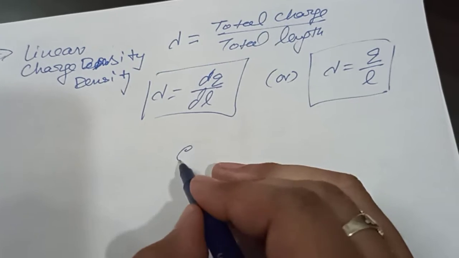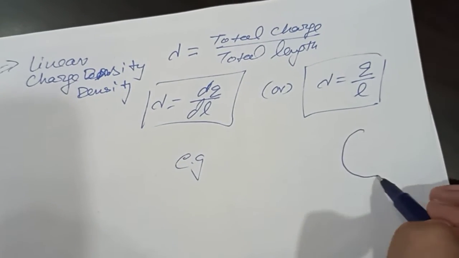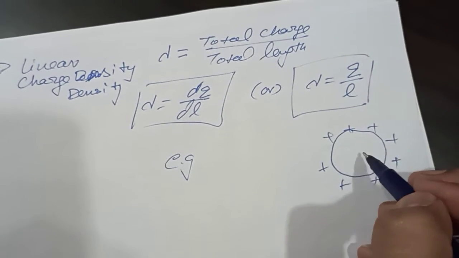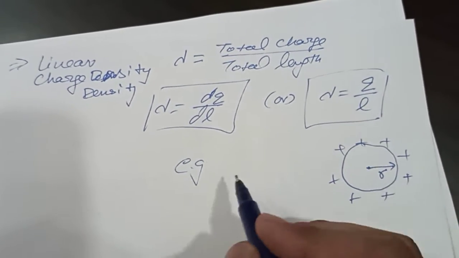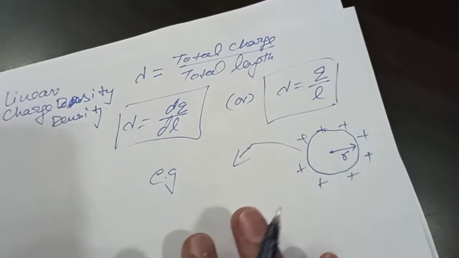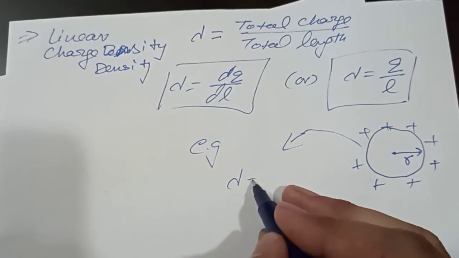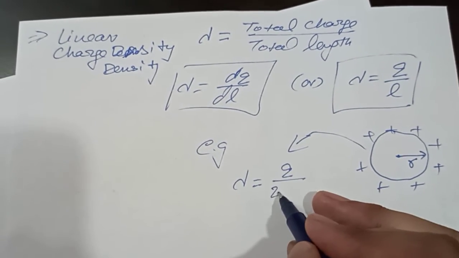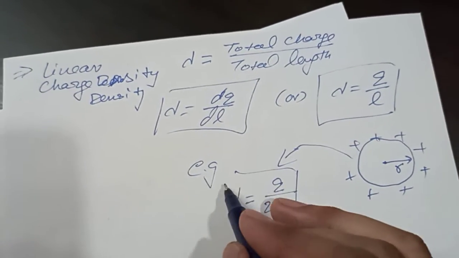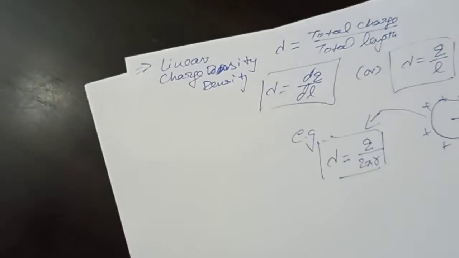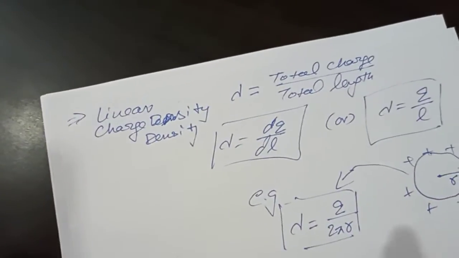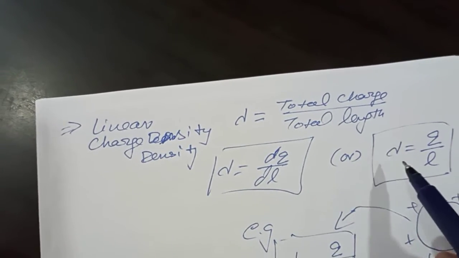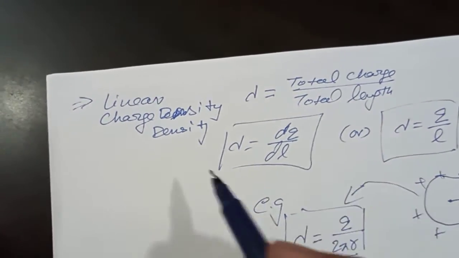For example, if the charge is distributed on the circumference of a circle of radius r, then lambda is equal to total charge q over total length 2 pi r. So the linear charge density is lambda, that is lambda is equal to dq by dl.